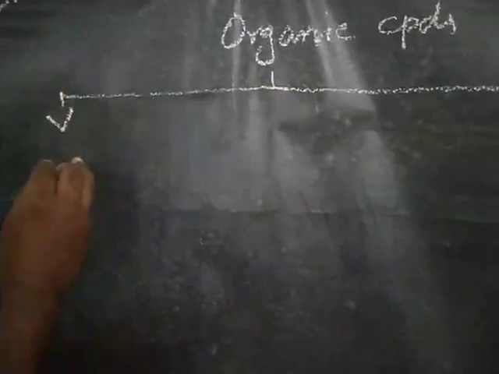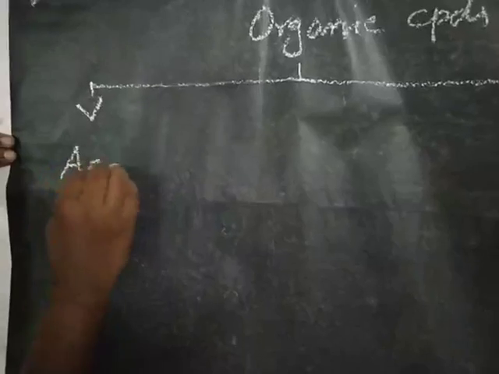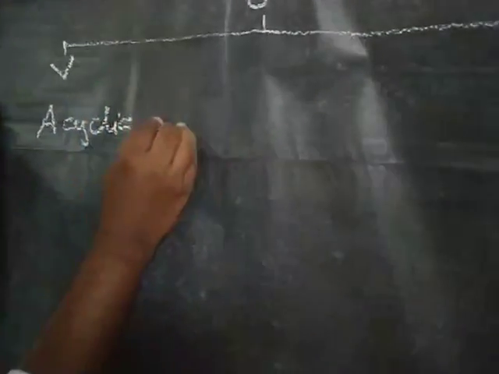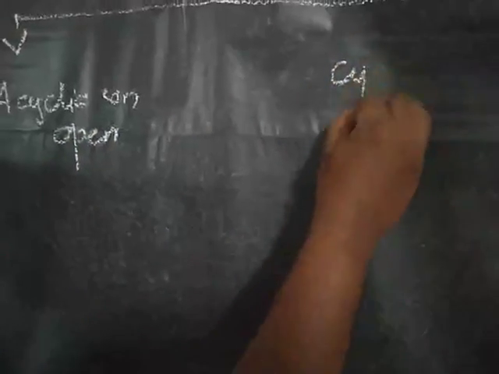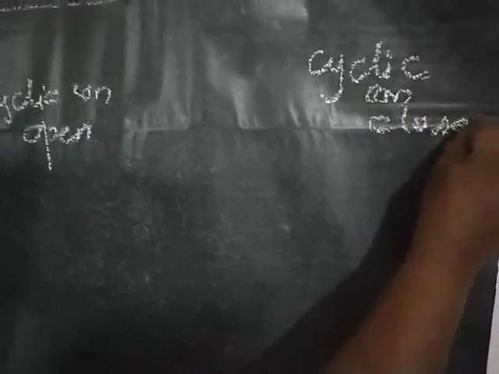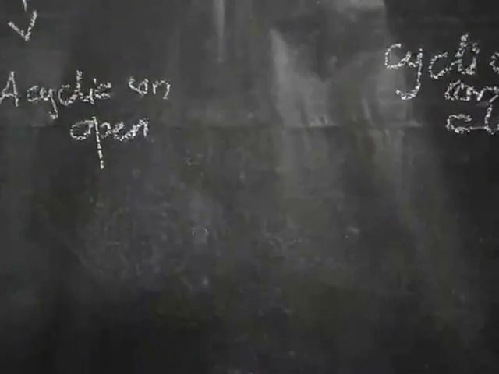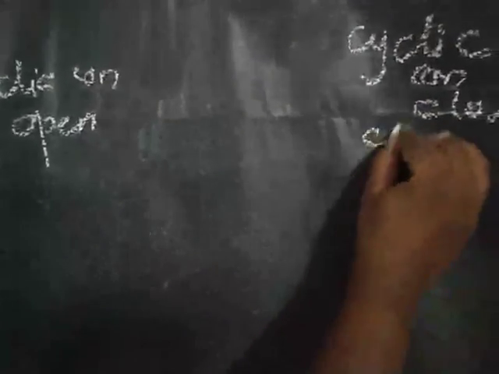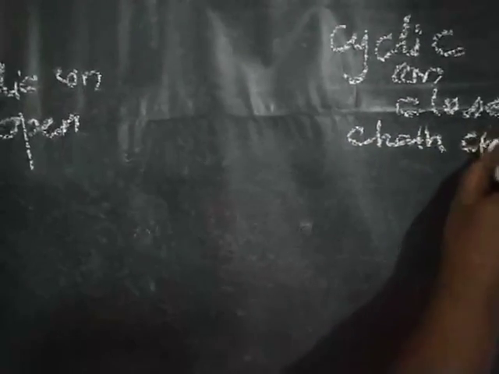One is acyclic or open chain, the other is cyclic or closed chain. So organic compounds can be classified into two types based on the pattern of carbon chain: acyclic or open chain compounds, and cyclic or closed chain compounds.